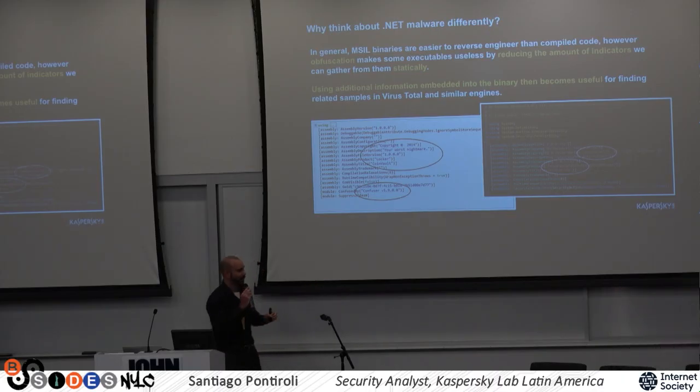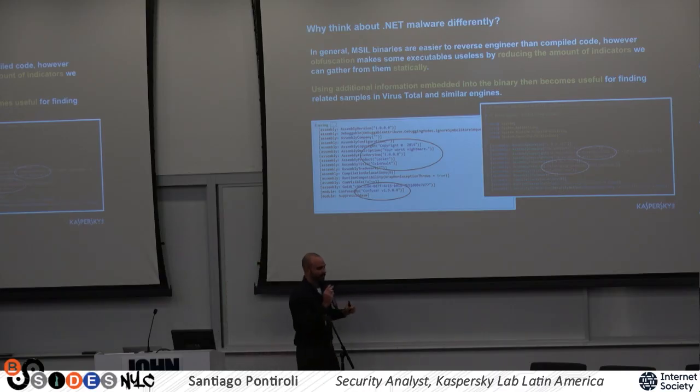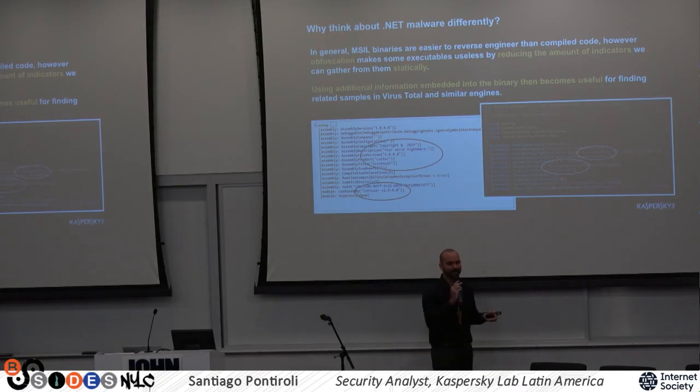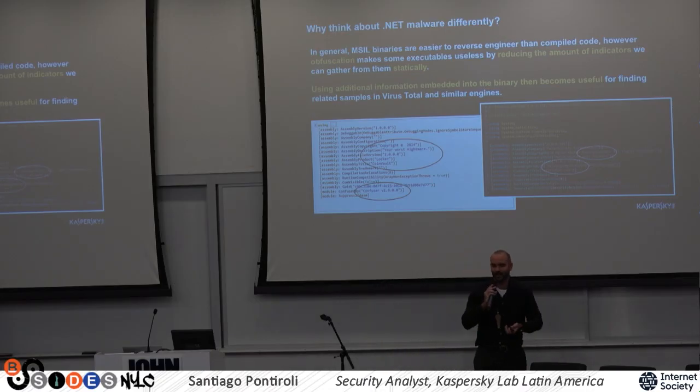For example, this is from a ransomware that we analyzed in 2015. It was called Coinvault. We found a lot of information at the time. I didn't write the YARA rule back then because the .NET module didn't exist. But I remember we worked closely with the information we found in this .NET binary.